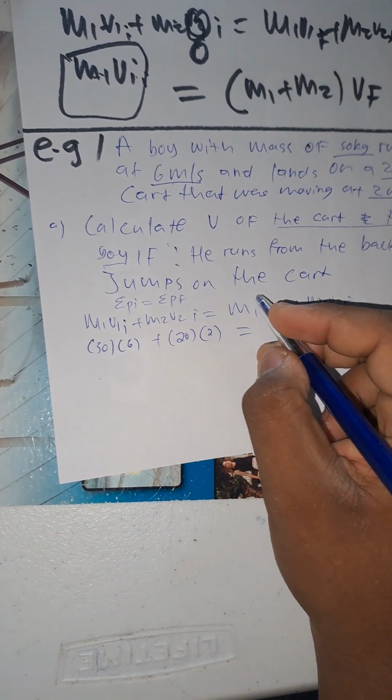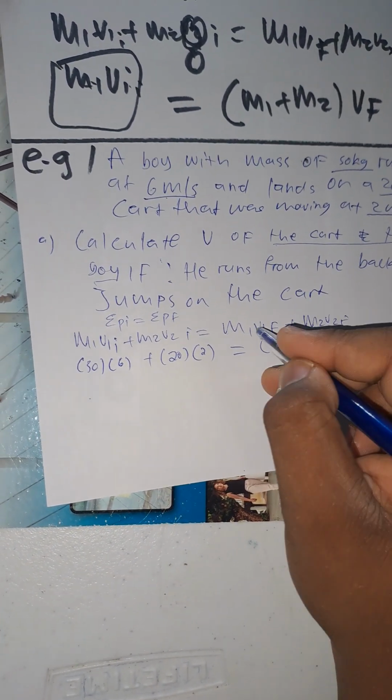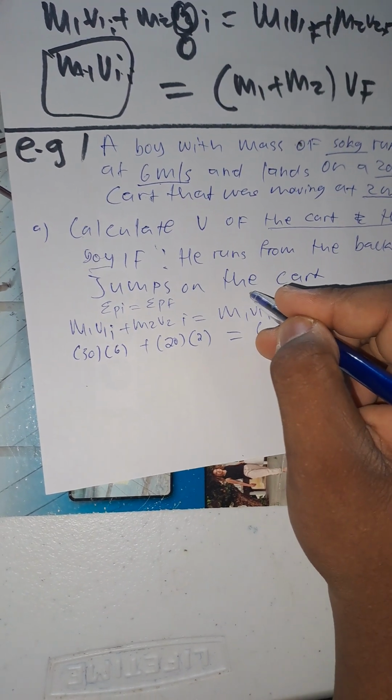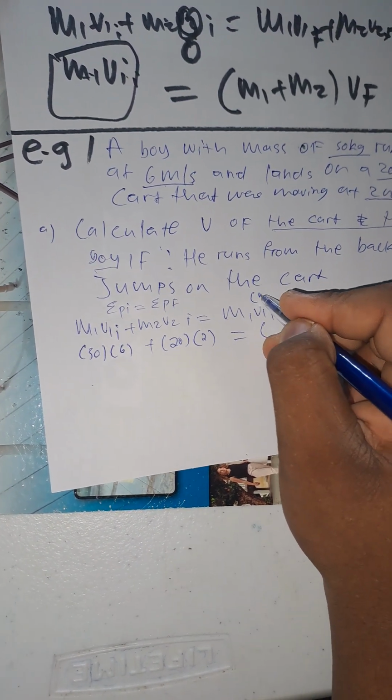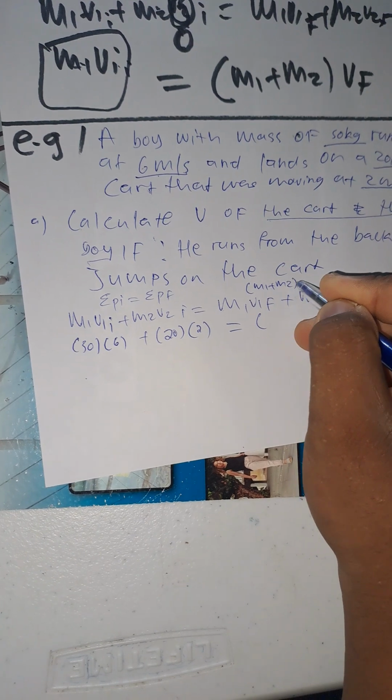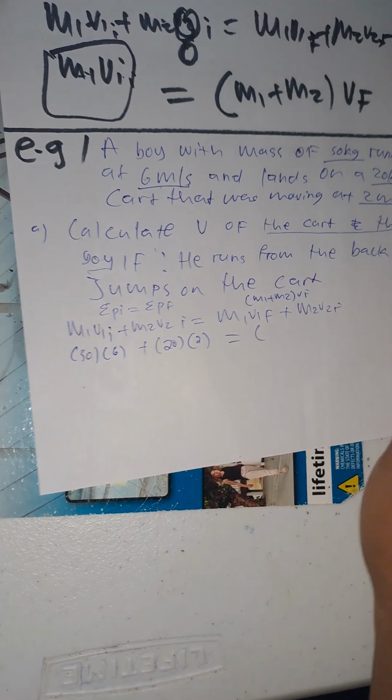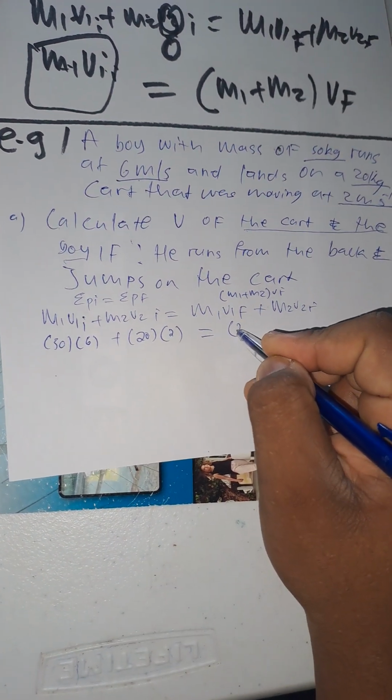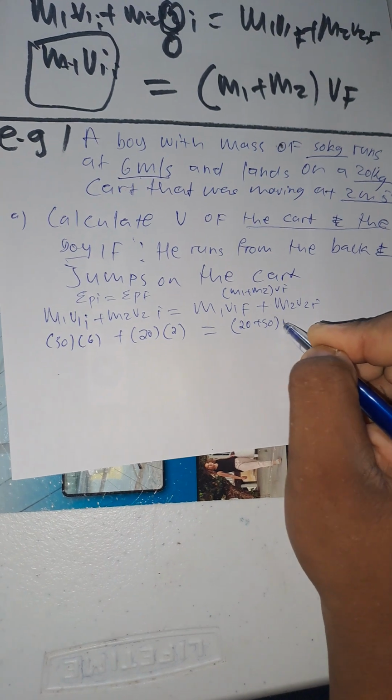But since they are joined, what am I going to do? I was supposed to say (M1 plus M2) times VF, but it's fine, you are learning. So it's going to be (20 plus 50) times VF.